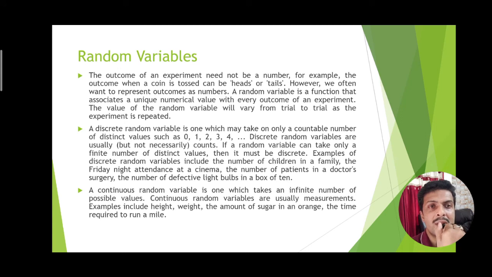A discrete random variable is one which may take only a countable number of distinct values such as 0, 1, 2, 3, 4, etc. So discrete random variables are nothing but numbers associated with every outcome of a random experiment, finite in nature, whereas in the case of a continuous random variable, an infinite number of possible values may occur.